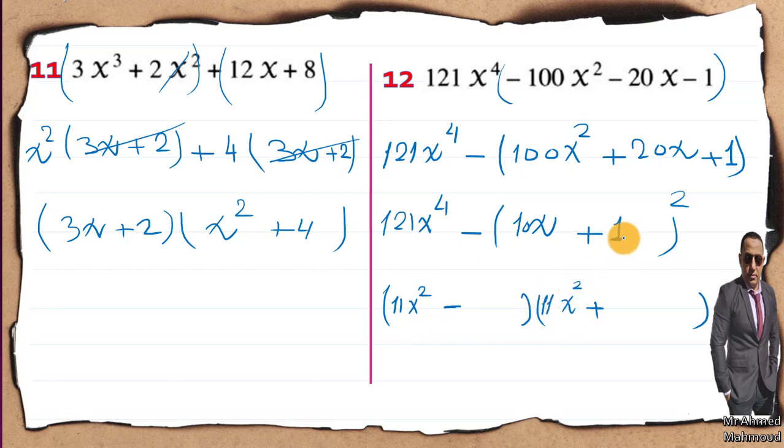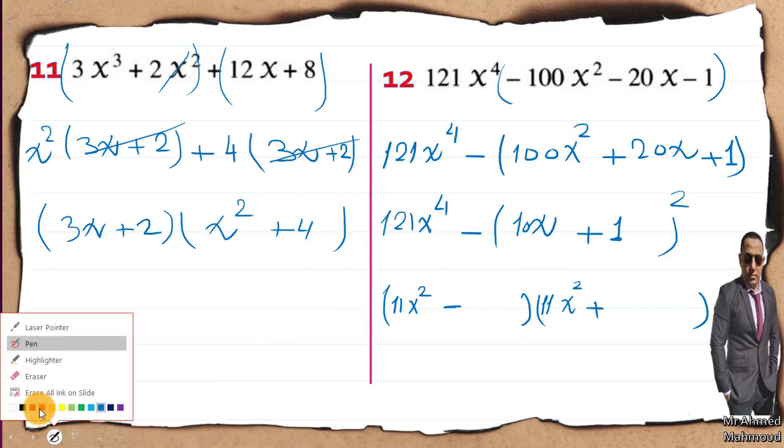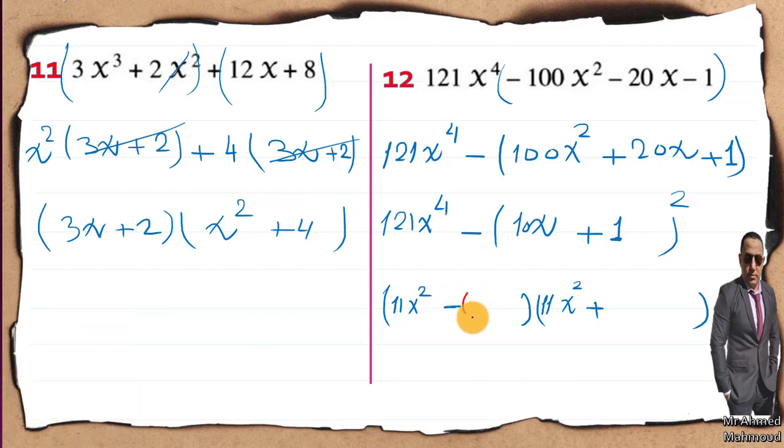x power of 2. Bracket power of 2, its square root is a bracket without power of 2. Here bracket 10x plus 1 and here 10x plus 1.